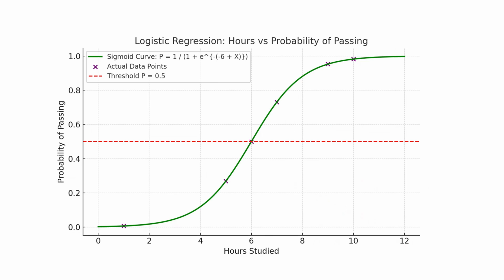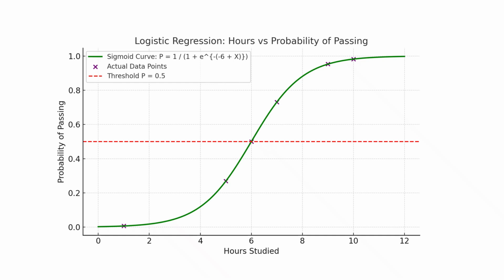So this is logistic regression, hours versus probability of passing with the help of a sigmoid. You can see the sigmoid graph is an S curve. By adjusting, from the previous slide, we have shown how the values have been predicted and what adjustment we are doing when I use a sigmoid function.